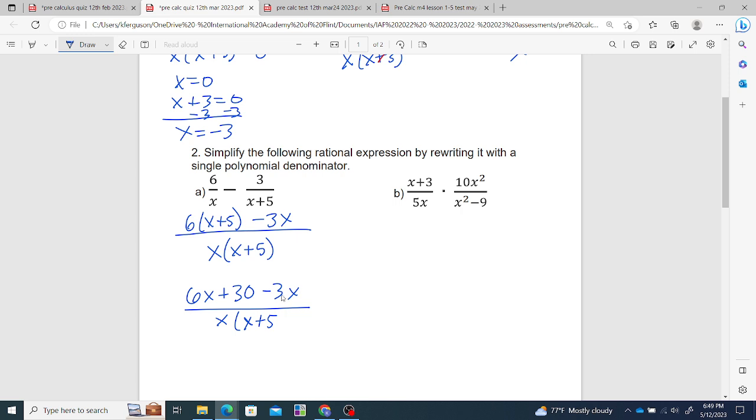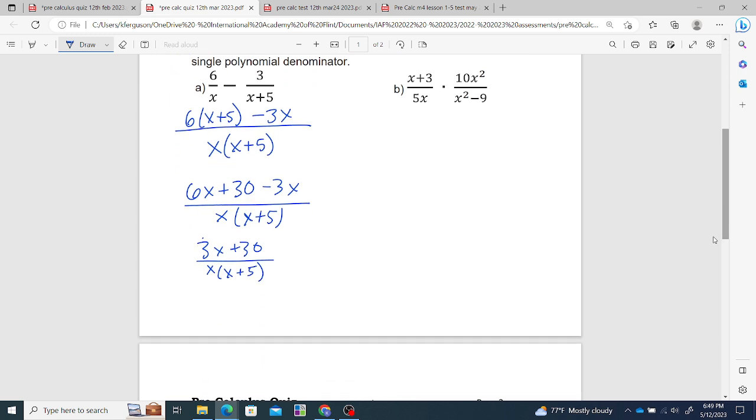So 6x plus 30 minus 3x, that's going to be 3x plus 30 over x times x plus 5. And then the last thing I need to do is factor. So I'll pull out a 3. That's x plus 10 on the top.